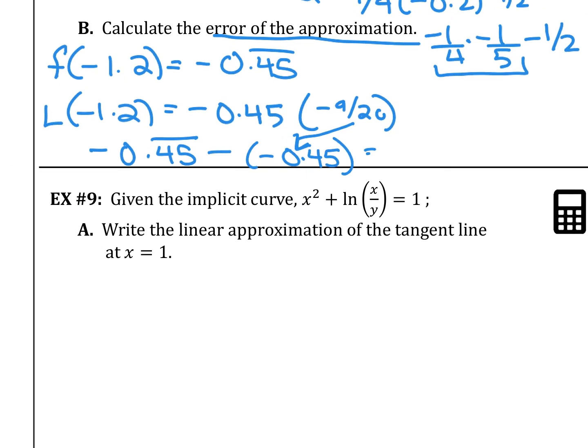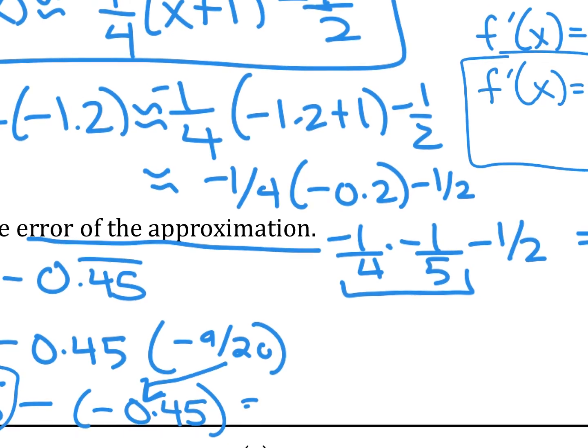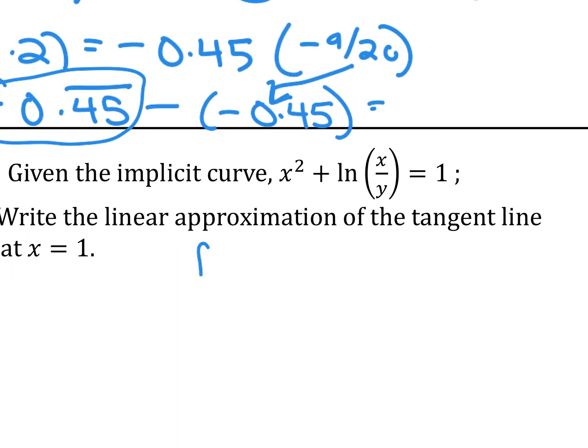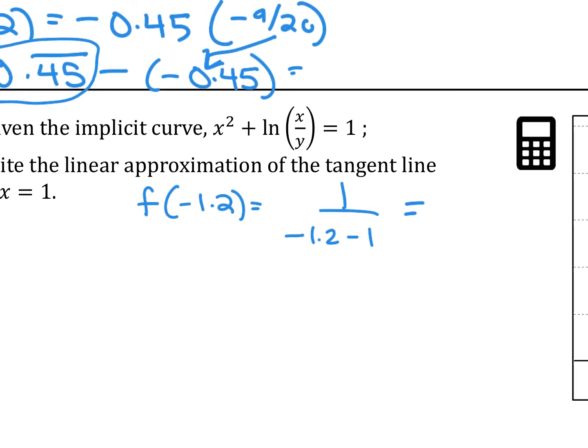I just want to know if I can rewrite this actual value as an improper fraction. So negative 0.45 repeating, if I go back to the original function f at negative 1.2, is 1 over negative 1.2 minus 1, which is 1 over negative 2.2.